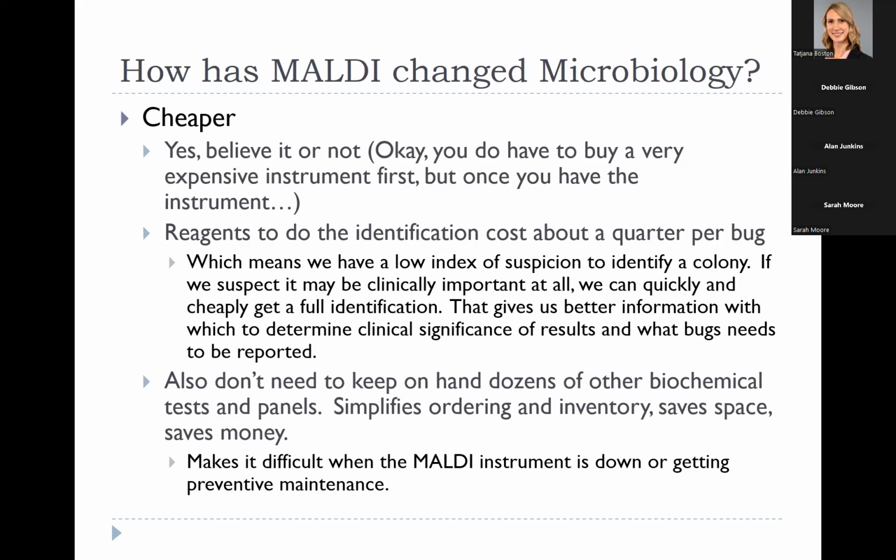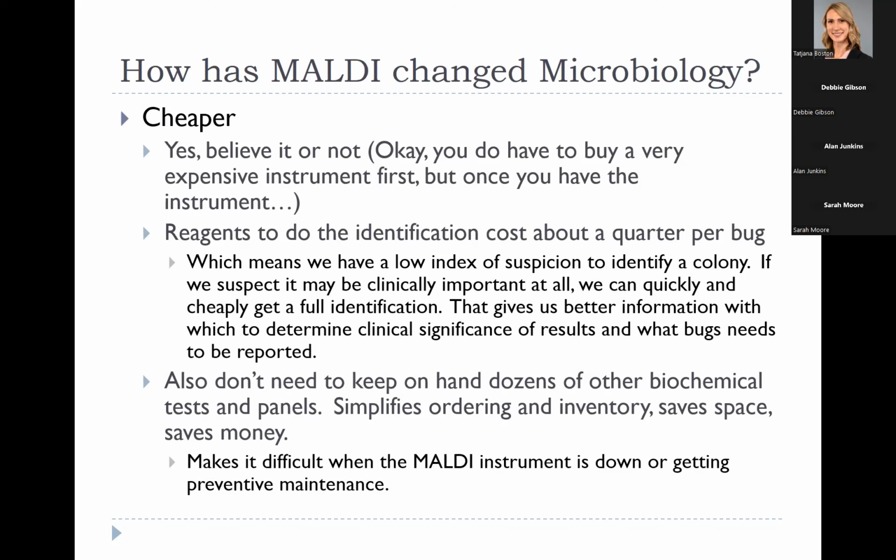Then there's also soft dollars. These are things that you're not going to be able to quantitate very well. Obviously, we're getting a faster identification. We're getting a more accurate identification. So what does that correlate to with regards to reduced length of stay, reduced pharmacy expenses, not having to use broad spectrum drugs when you could have narrowed down much earlier, and other testing?